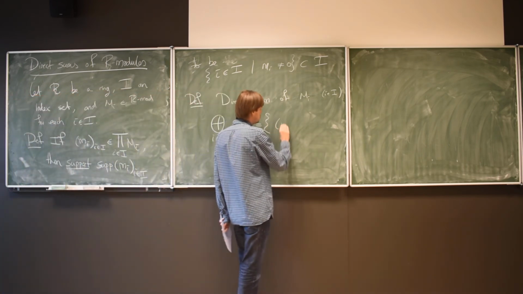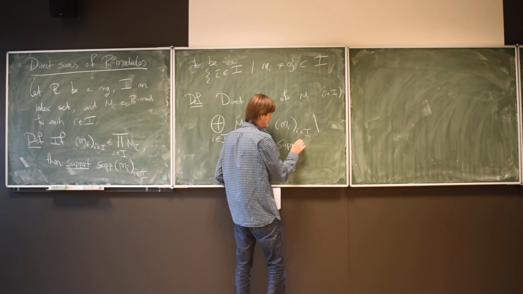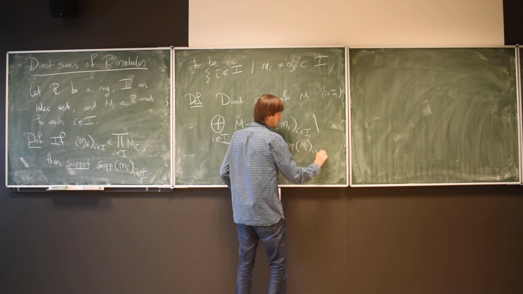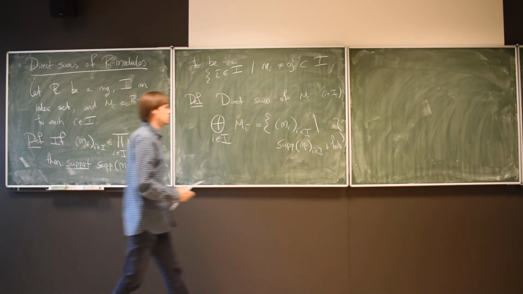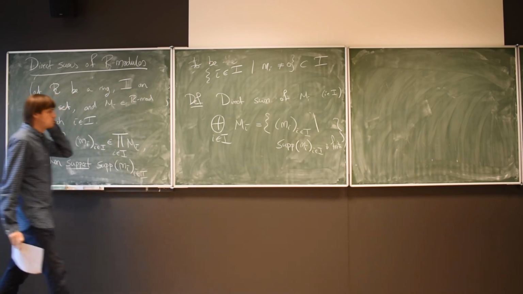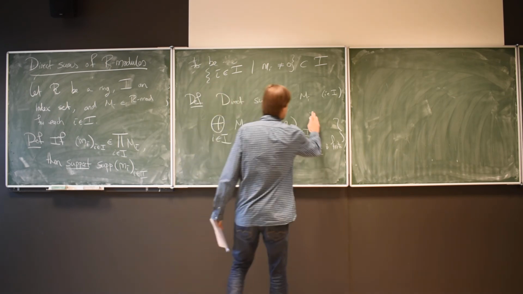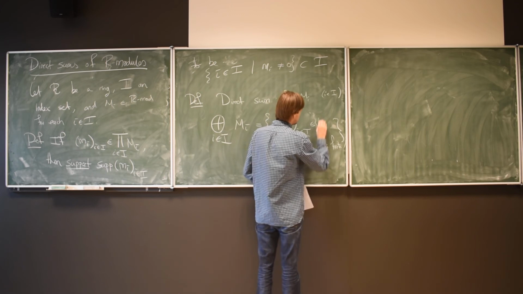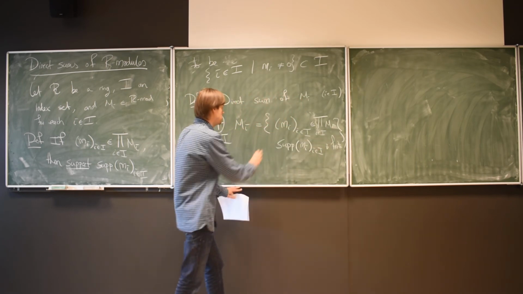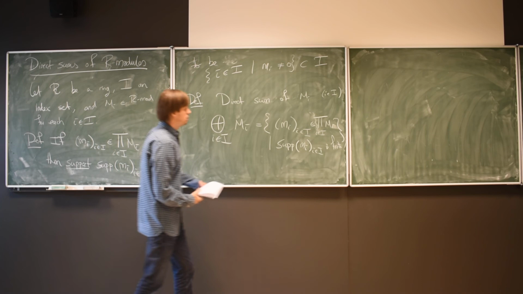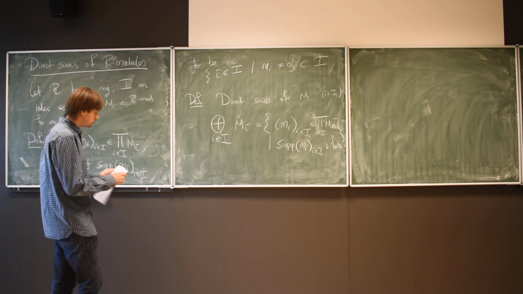It consists of all tuples (mi), i in I, in the product whose support is finite. So they are all tuples which at almost all coordinates are equal to 0. That's the direct sum.